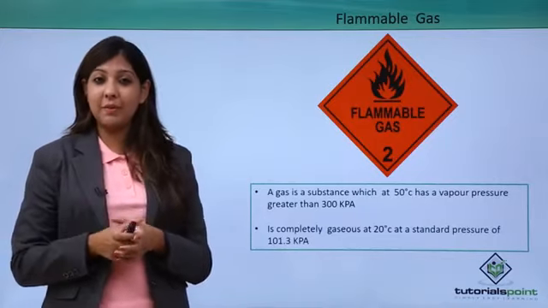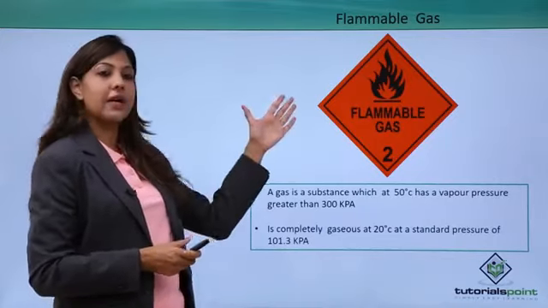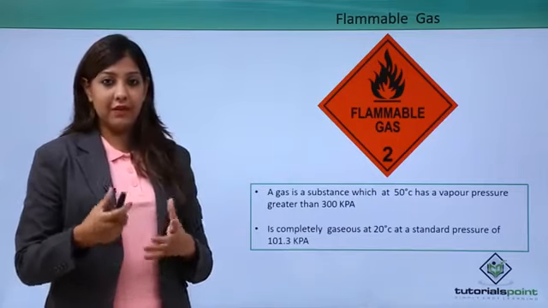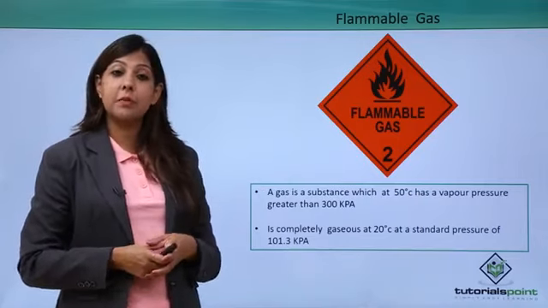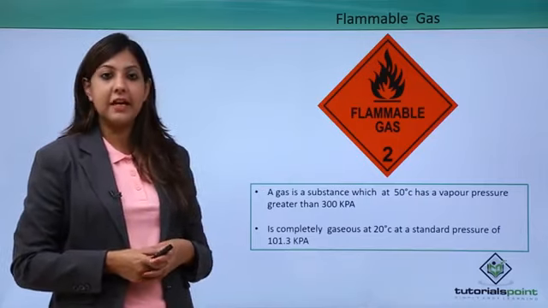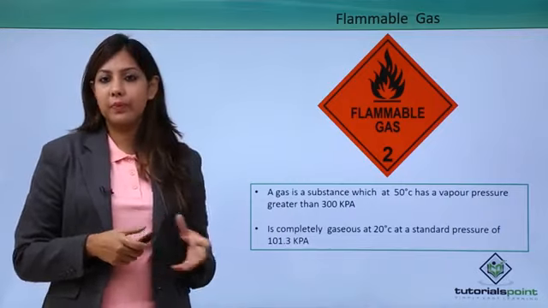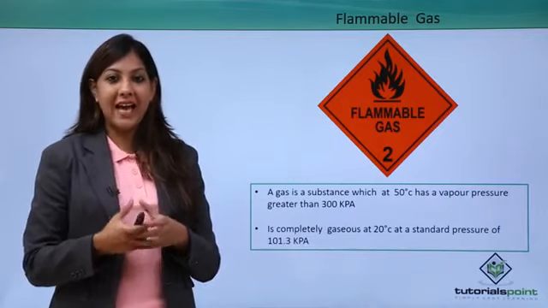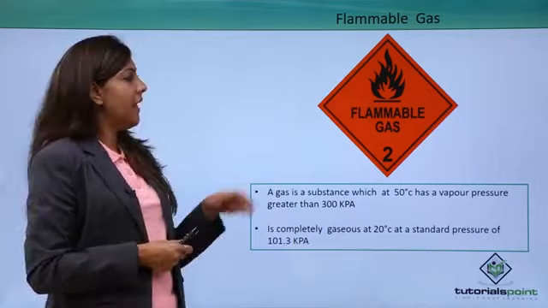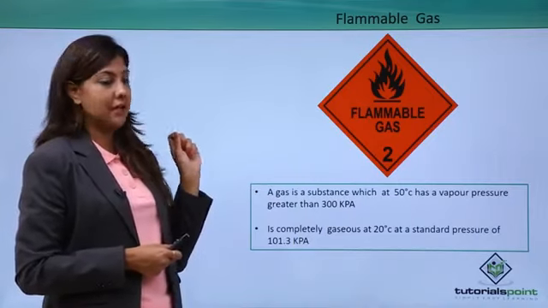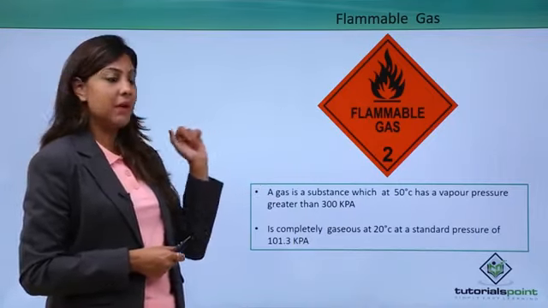Let's look at what are flammable gases. Now these are the markings or the logos for flammable gases as well as explosives, which we just saw in the other slide. Whenever there is a particular product which has to be carried in cargo or checked in, it has to have these markings and labels. So for flammable gas, this is the marking.